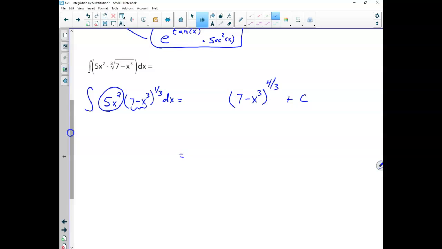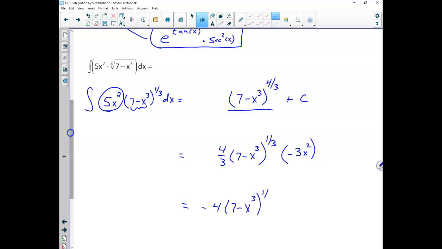So if I started taking the derivative of this, I'm going to have 4/3 times 7 minus x cubed raised to the 1/3, and then I've got to chain rule that, times a negative 3x squared, and then the c would be gone. So I can see right now my derivative, if I simplified this, is negative 4 times 7 minus x cubed to the 1/3, and let me throw my x squared over there.